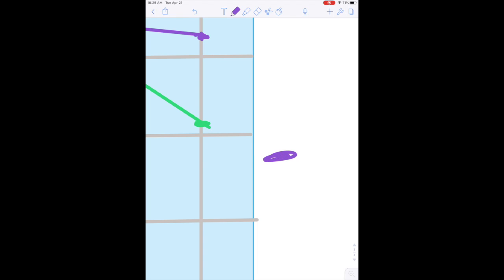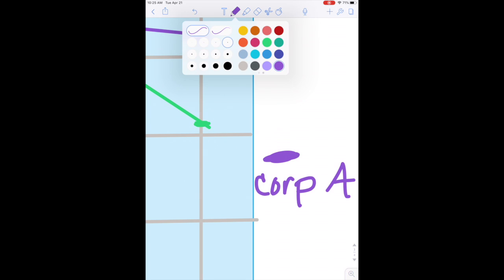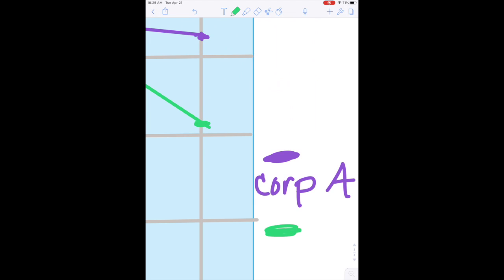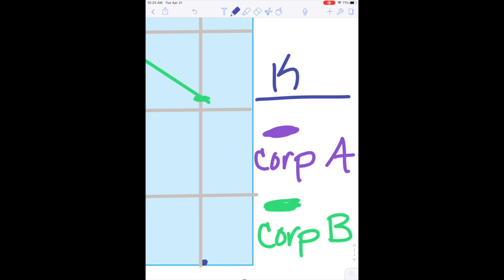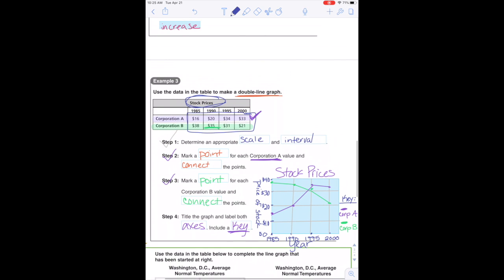So this purple is Corporation A. And remember, the green was Corporation B. All right, we did step 4. You can check that off.